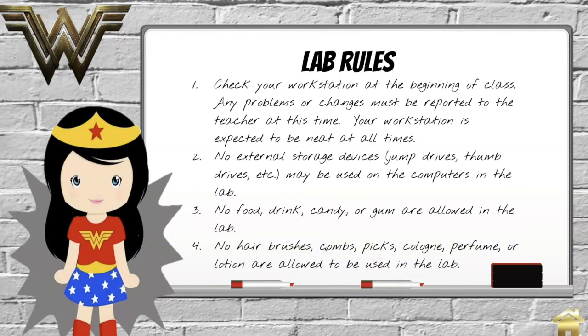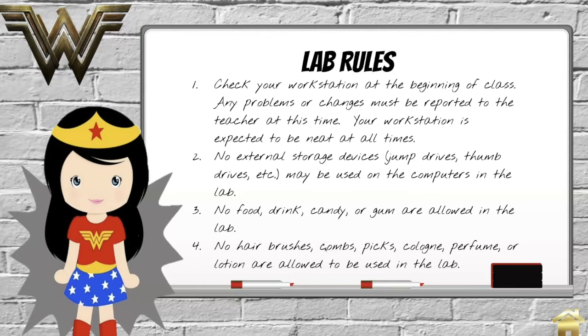Lab rules. Number 1, check your workstation at the beginning of the class. Any problems or changes must be reported to the teacher at this time. Your workstation is expected to be neat at all times. Number 2, no external storage devices, jump drives, thumb drives, etc. may be used on the computers in the lab.